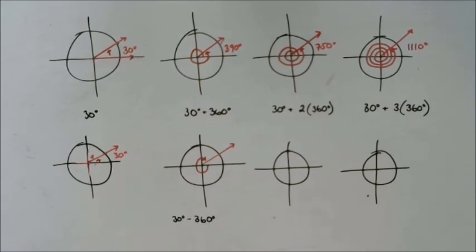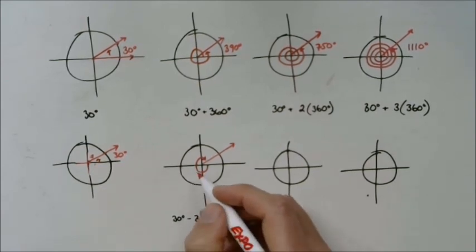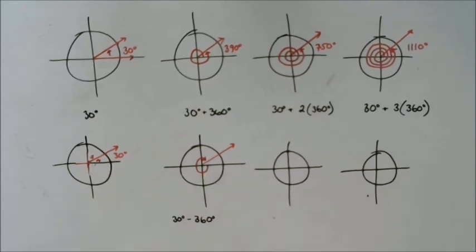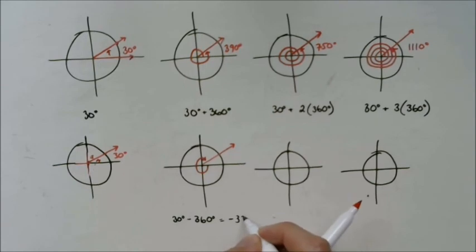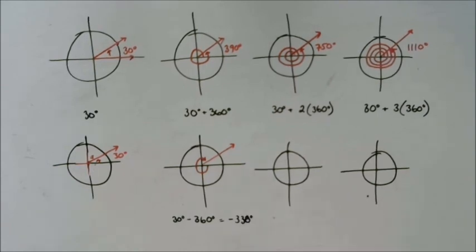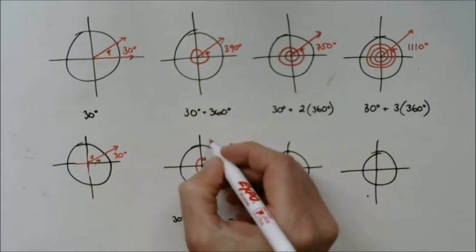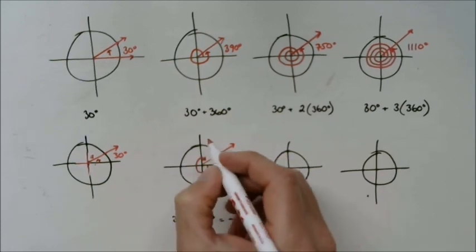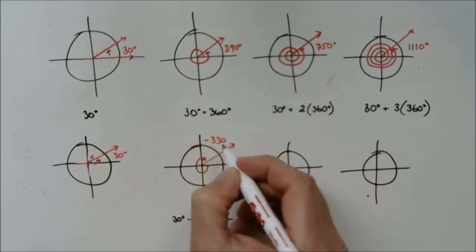So whether you go backwards or forwards 360 degrees, you're going to end up at the exact same place. 30 take away 360 is negative 330 degrees. So we can put that in there. This is an angle of negative 330.